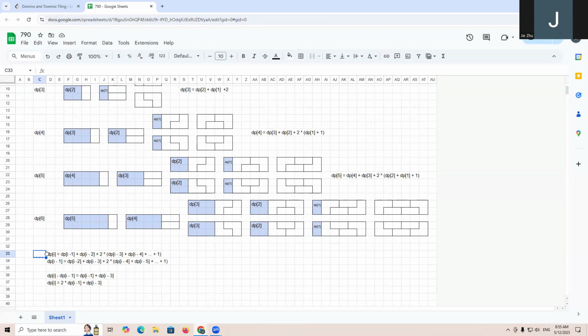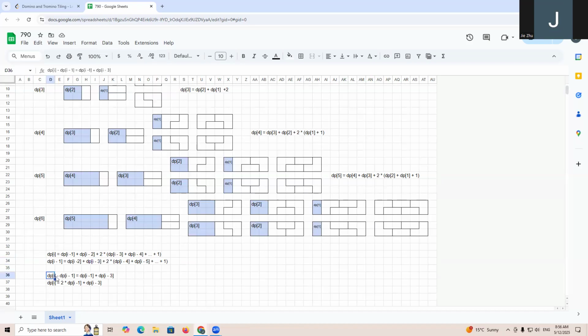So use the first formula and the second formula, and we have dp[i] minus dp[i-1] equals dp[i-1] minus dp[i-2] plus dp[i-2] minus dp[i-3] plus 2 multiplied by dp[i-3]. And you'll see the dp[i-4] terms are all merged.